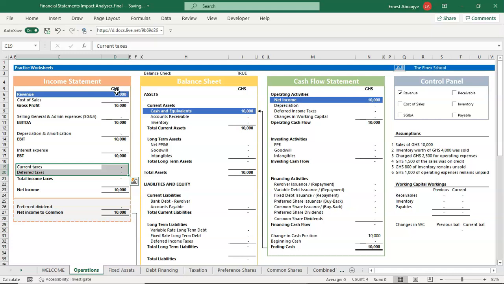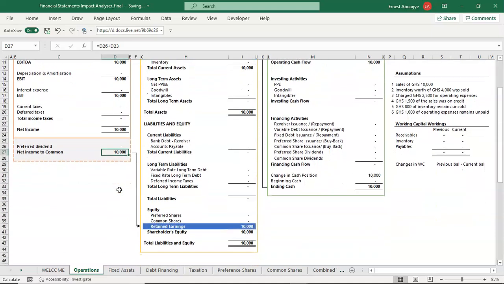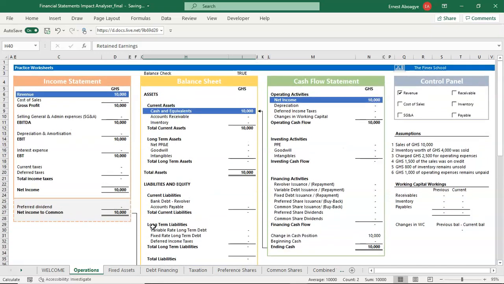At this level, you see that the revenue becomes the net income. And this net income, if we take out the preference dividend, which we haven't at this point, will feed into our retained earnings line, which is our surplus cash. So at this point, everything feeds down because no expense has been incurred.